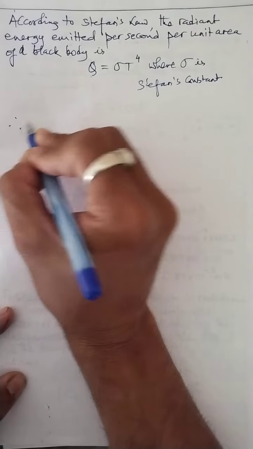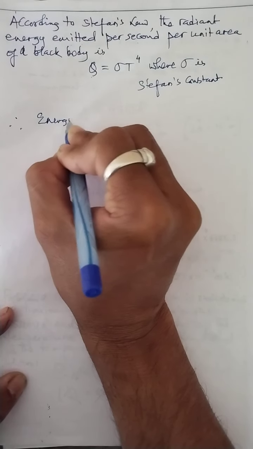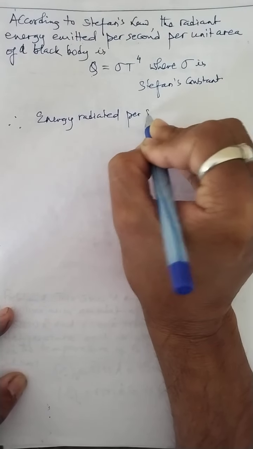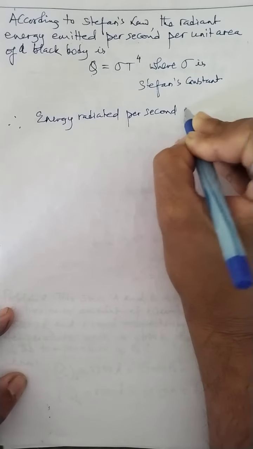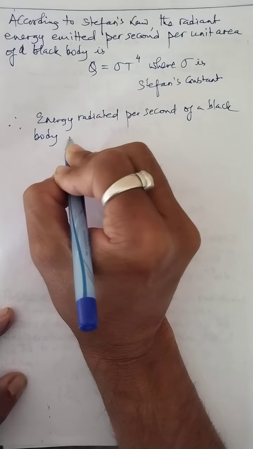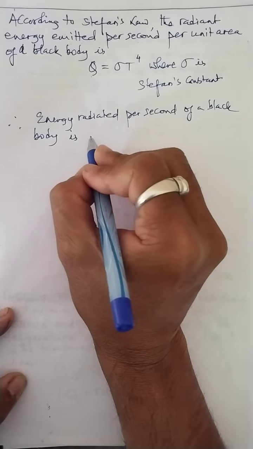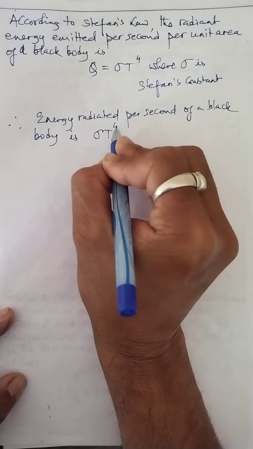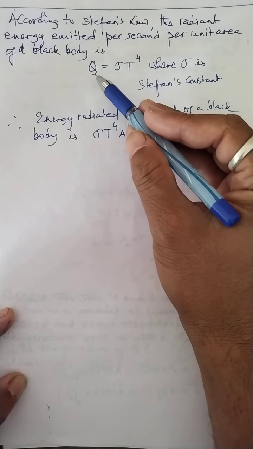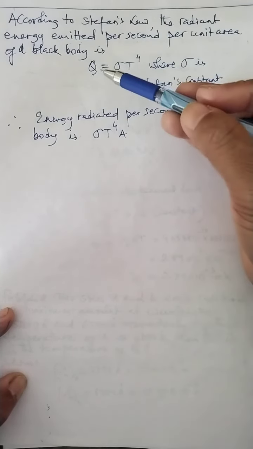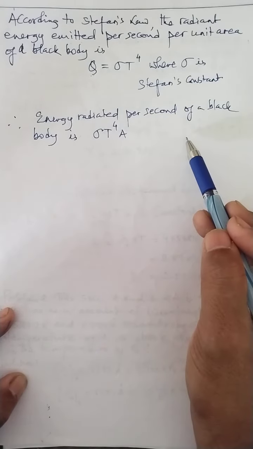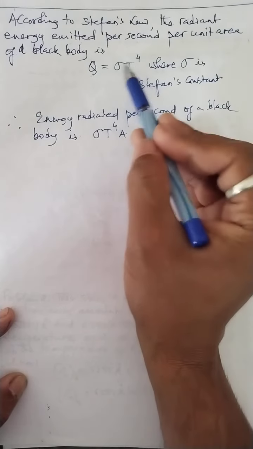I write down, therefore, energy radiated per second of a black body is equal to sigma T to the power 4 into A. Because Q equals sigma T to the power 4 is the energy rate per second per unit area, and here we need to calculate energy radiated per second only, so we need to multiply this energy by area.